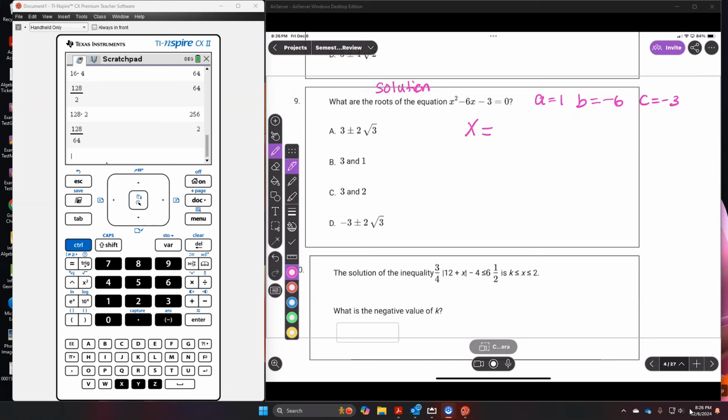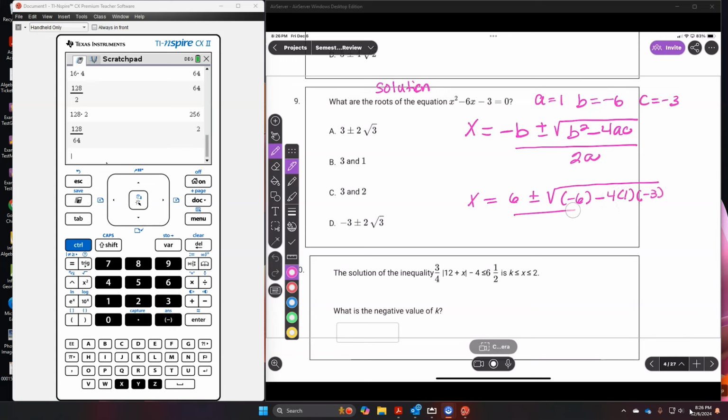X equals negative B plus or minus the square root of B squared minus 4AC, divided by 2 times A. So we have x equals 6, since B is negative, plus or minus the square root of negative 6 squared minus 4 times 1 times negative 3, divided by 2 times 1.